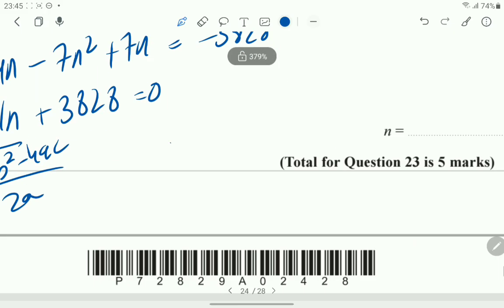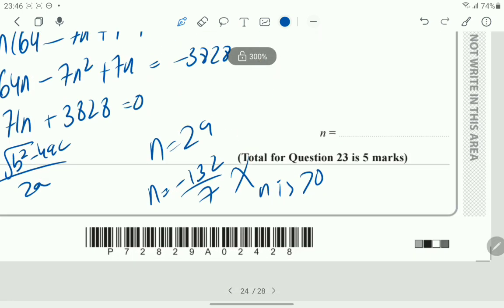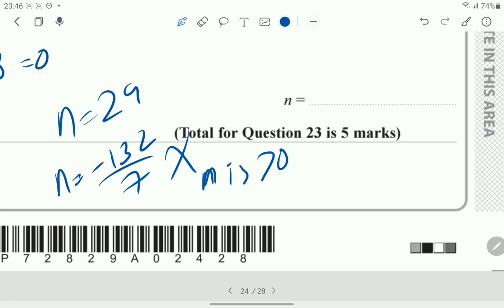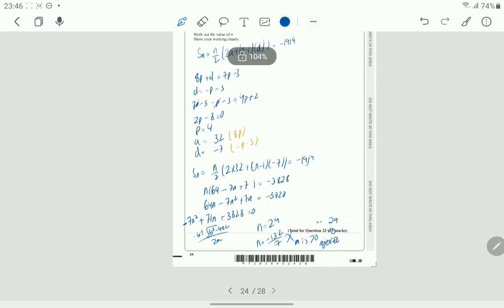And so n is equal to 29, and we get another answer which is 132 by 7, but this is not possible because n is greater than 0. Since it is a physical value, this is a sequence and it is supposed to be a number, a physical value, so it cannot be negative, so we reject it, and n is equal to 29. So this is your final answer. Moving on.